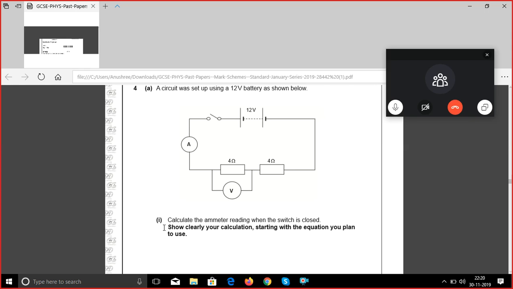First you have to calculate the total resistance. The total resistance is 4 ohms plus 4 ohms, which is 8 ohms. So 12 divided by 8.